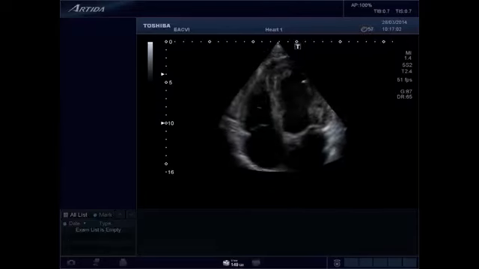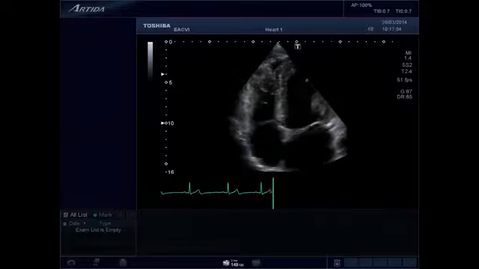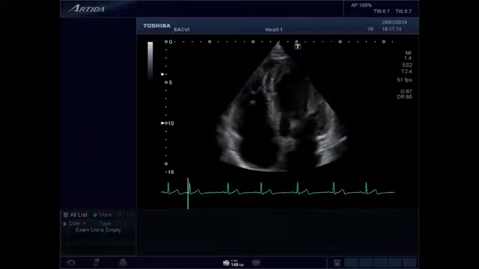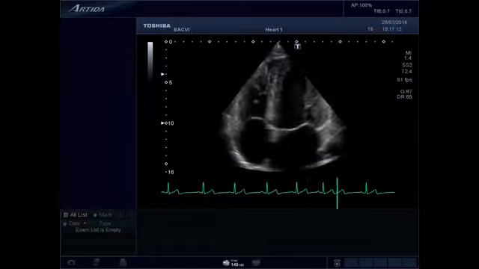So it's a way to assess the right ventricular function, the tricuspid annular systolic excursion, and it's really dependent on the angle that you will do the acquisition.